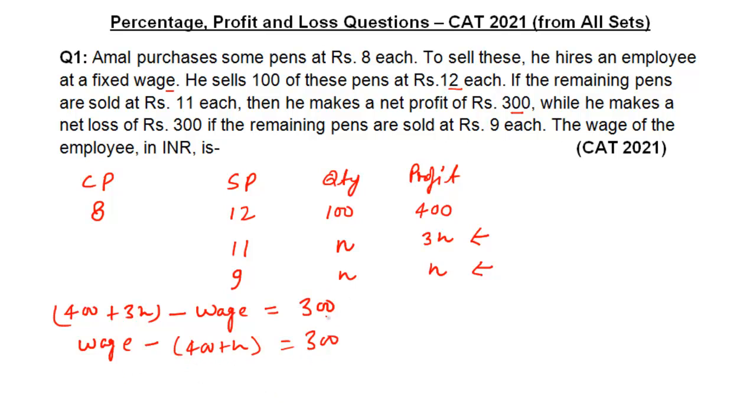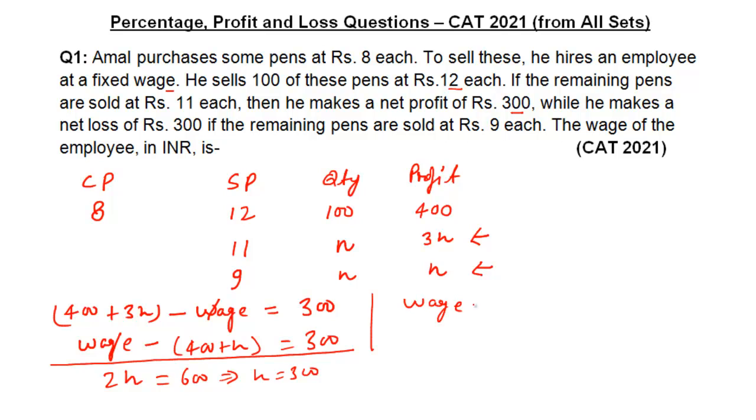So this you need to understand, and now I can add both these equations. The W and 400 will cancel out, and 3n plus n, that is 4n, minus... the sum gives 2n equal to 600, or n is equal to 300. In order to get the wage, I can put it in any one of the equations.